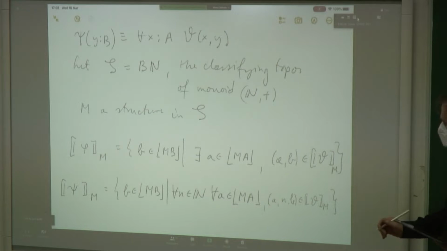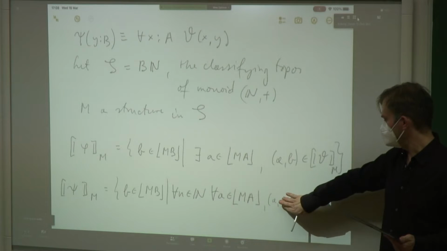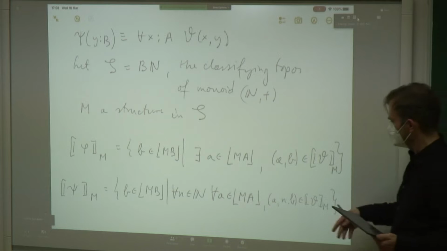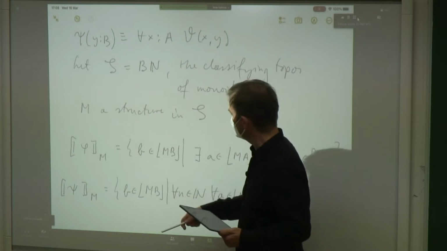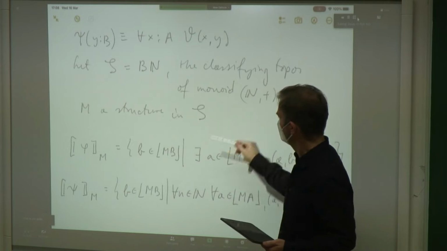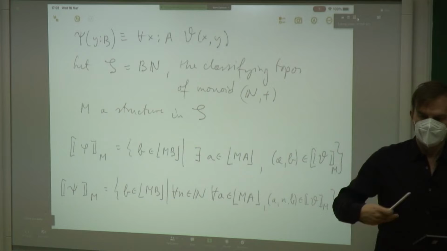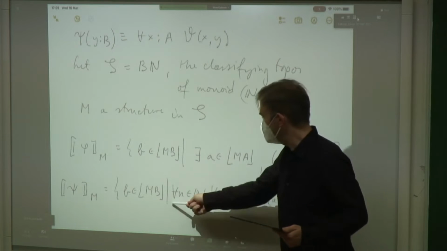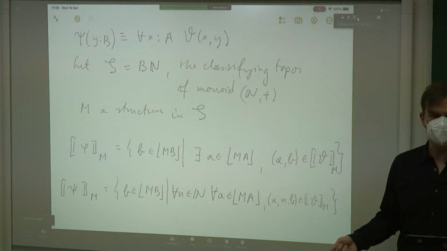Now, without this condition, so if I just wrote A comma B, this would not be closed under the action of N. All right? So this is indeed necessary. And every universal quantification in this topos produces another universal quantification over the natural numbers.